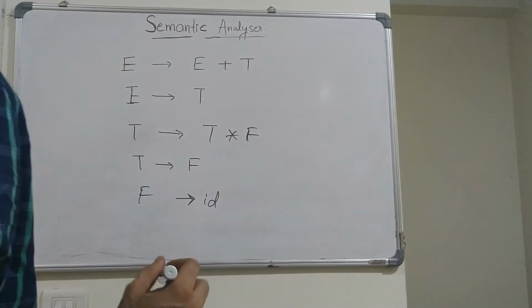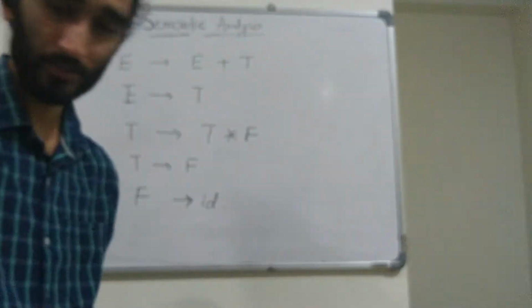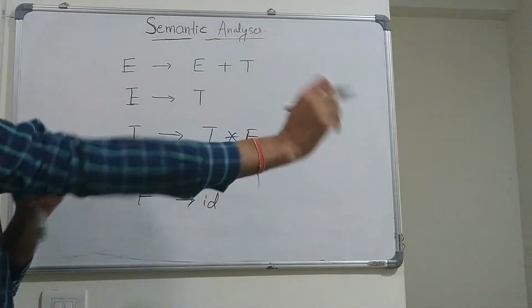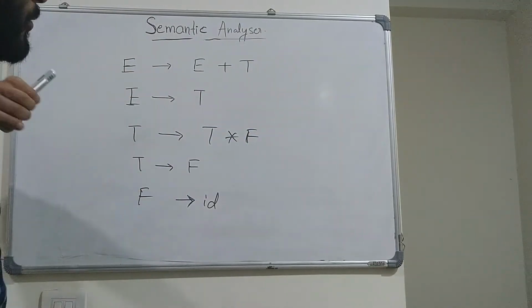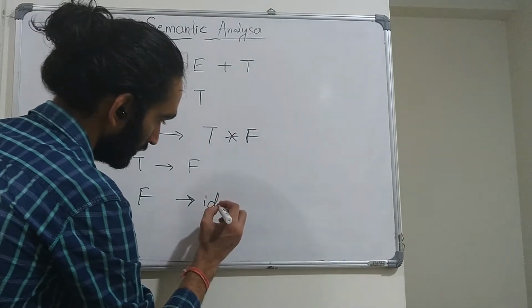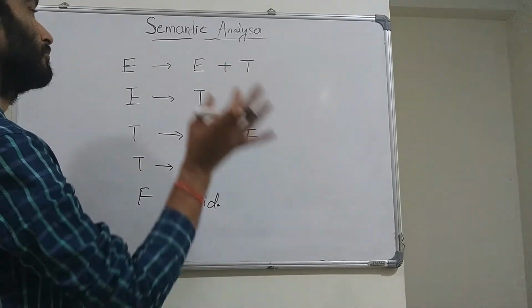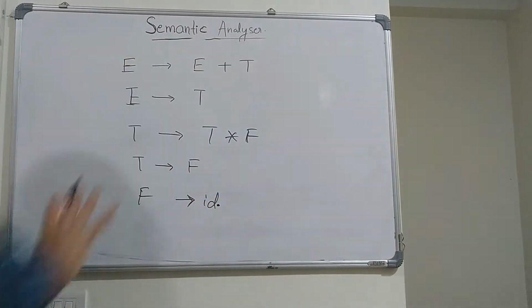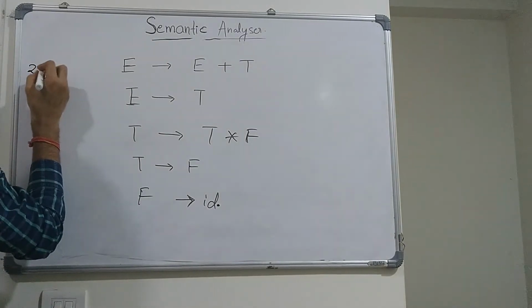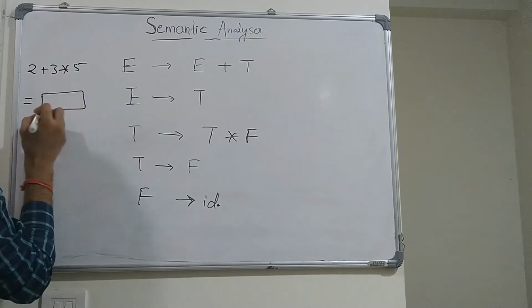After writing this, I'm going to add attribute information into this grammar. I'm going to use this id value because, let's say I've written an expression 2 plus 3 into 5, and at last I want the answer of this.